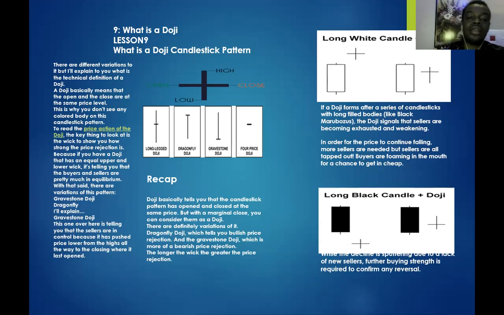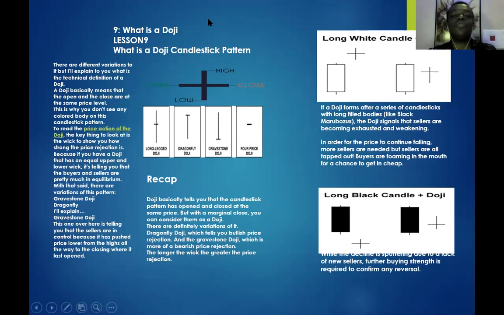Like I said earlier, this is bearish. This one is gravestone. This is dragonfly. This is long-legged doji, and this is four-price doji. So let's go and check it on a live chart.